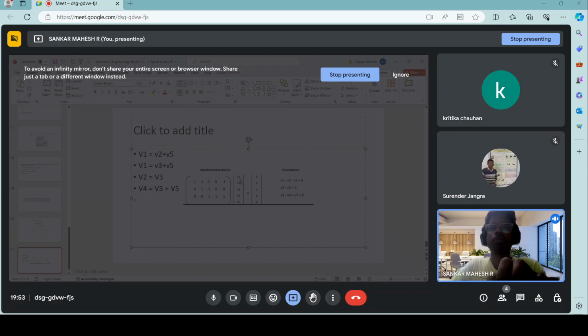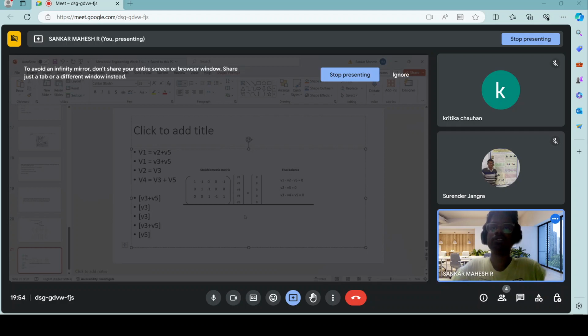So if you do that, this particular matrix can be represented as V3 plus V5, V3, V3, V3 plus V5, and then V5.